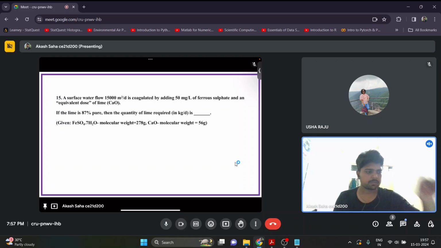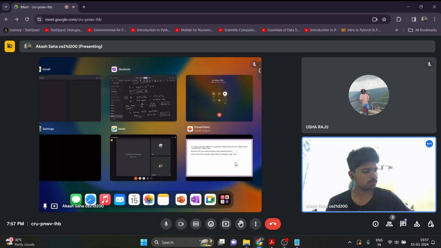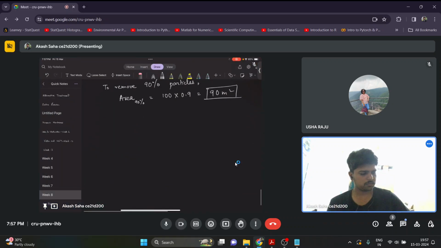We will solve this problem with the help of equivalence. Most of the problems we are solving directly with formula, so we'll see how to solve this in terms of equivalence. So question number 15.